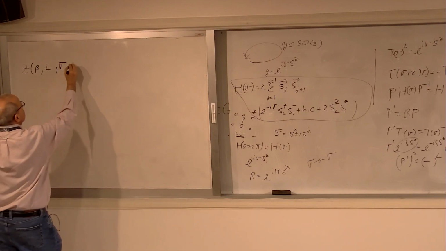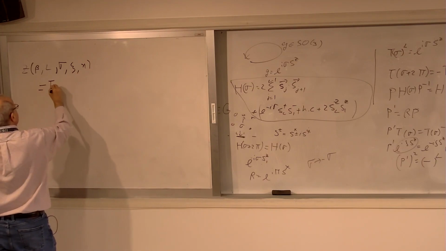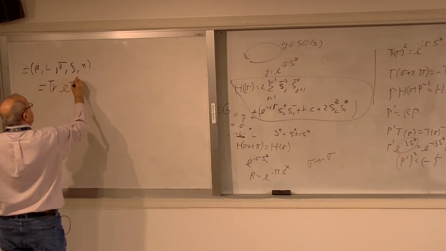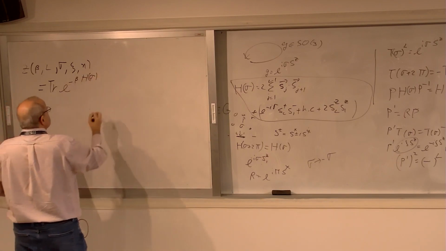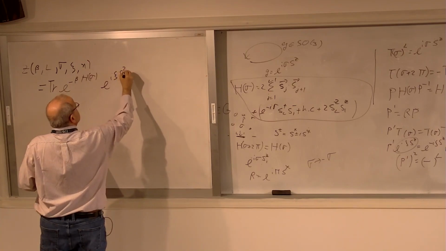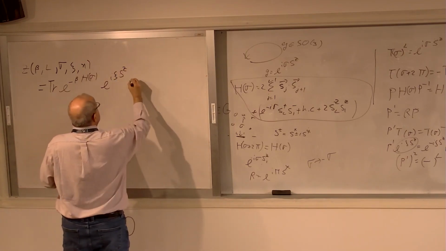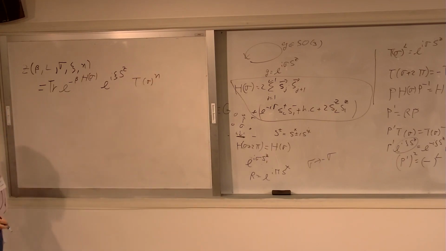And I also introduced two more parameters, C and N, and this is defined to be trace e to the minus beta H of sigma, same Hilbert space, and then we put here S Z and T of sigma to the nth power. So what was the rule?